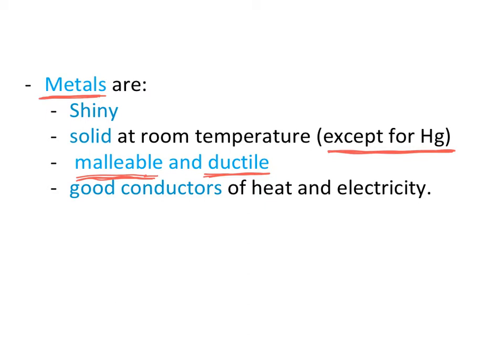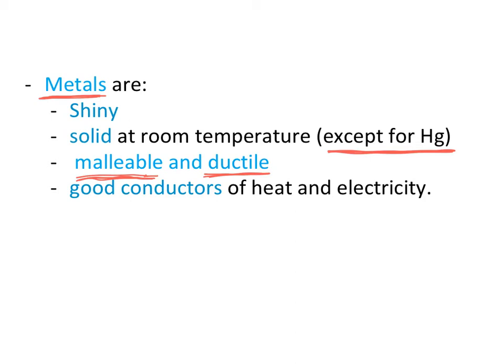Think about copper. I can pull copper into a wire. So copper exemplifies properties of being a metal. Metals are also good conductors of heat and electricity. There's a reason that we use metals to make cooking pans, because they're going to very easily conduct heat from the burner of your stove up into the contents of whatever you are trying to cook.